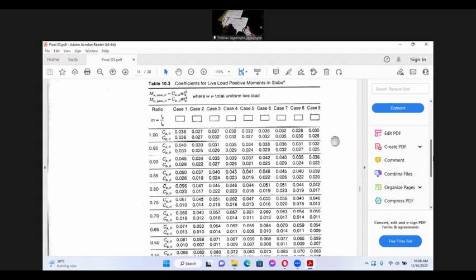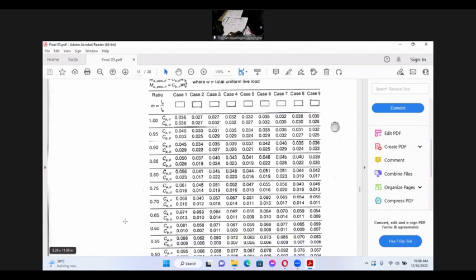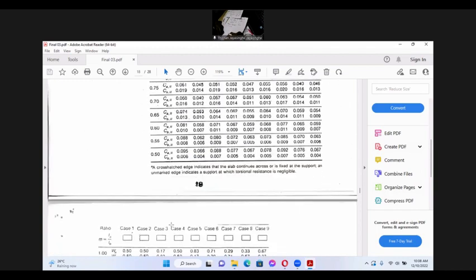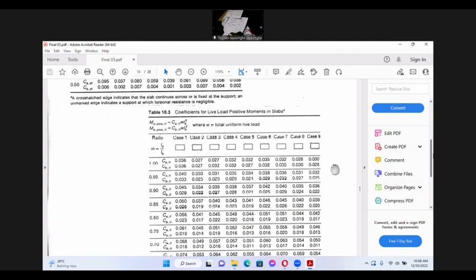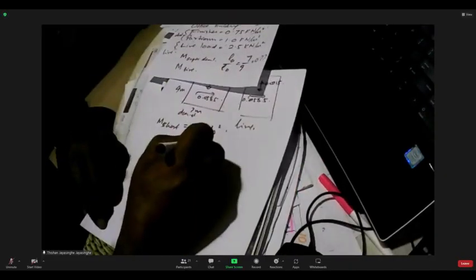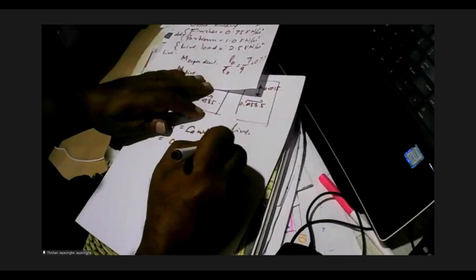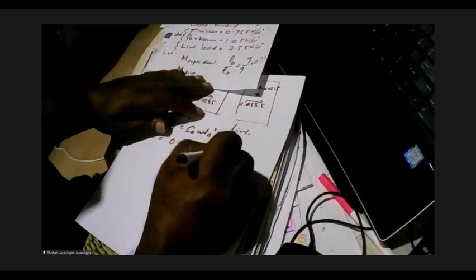So that is 0.0585 multiplied by the load, 4.25, multiplied by LA squared, 7 squared.